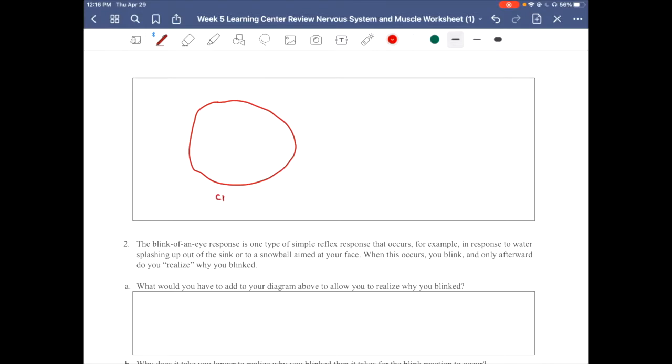This is going to be our spinal cord. Then this is our gray matter, and this is going to be our white matter. Here we're going to have this type of interneuron looking thing.